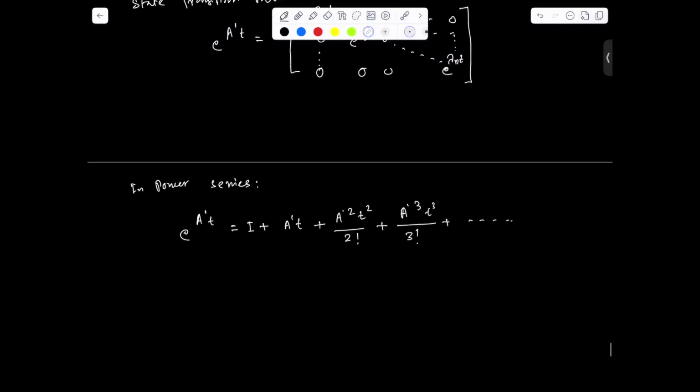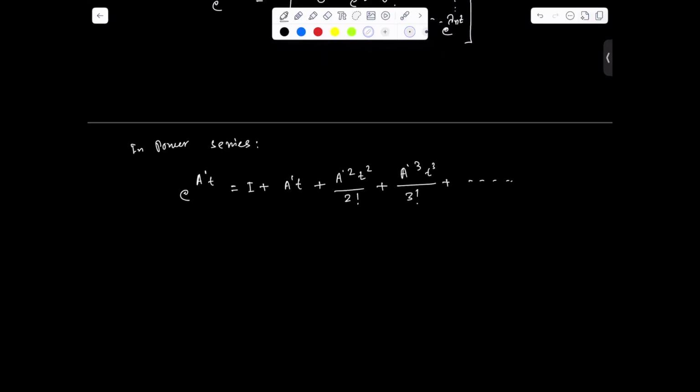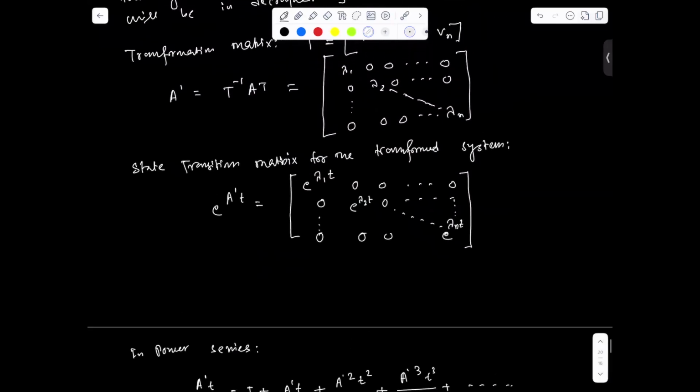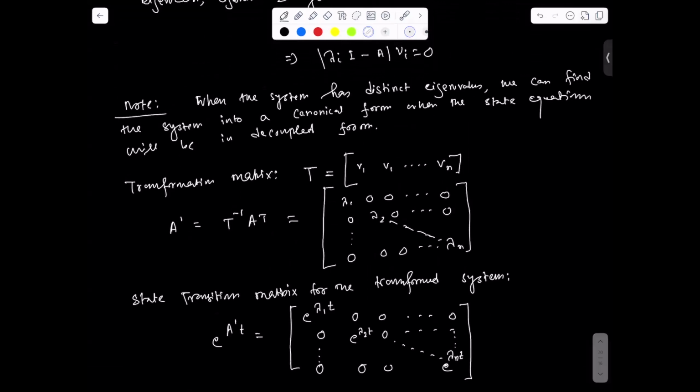Now here, in place of I, we can write T inverse T, which is the identity matrix. T inverse exists because all the eigenvectors of the T matrix are linearly independent of each other. T inverse exists because here we are considering the eigenvalues of the system to be distinct.